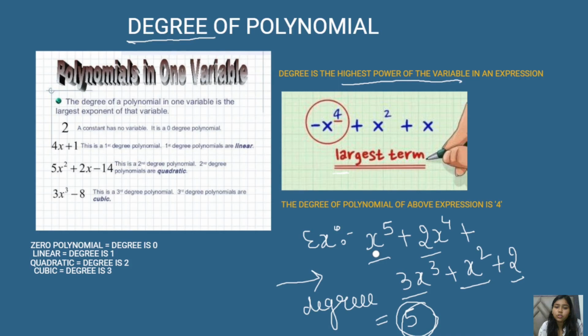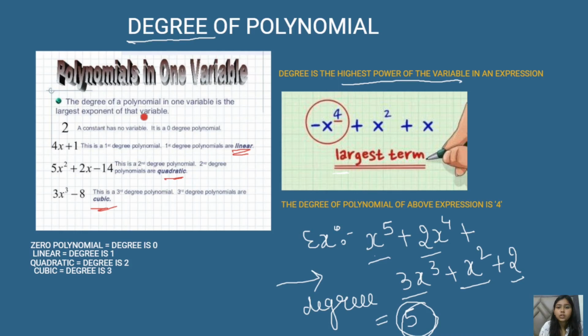Okay, now let's just look at this too. As I have already taught you in the previous slide what is constant or zero polynomial, what is a linear polynomial, what is a quadratic polynomial, and what is a cubic polynomial. So let's just have a look on the degree of polynomial in all the four cases. So the first is a constant.